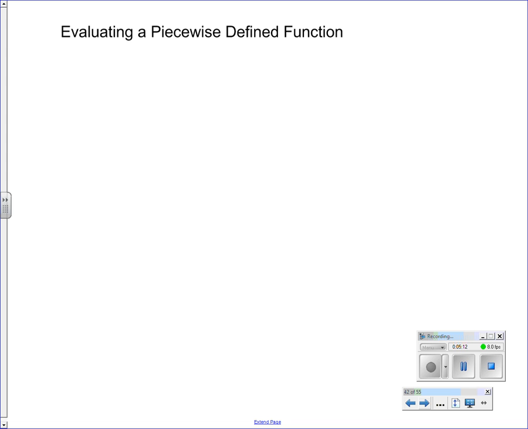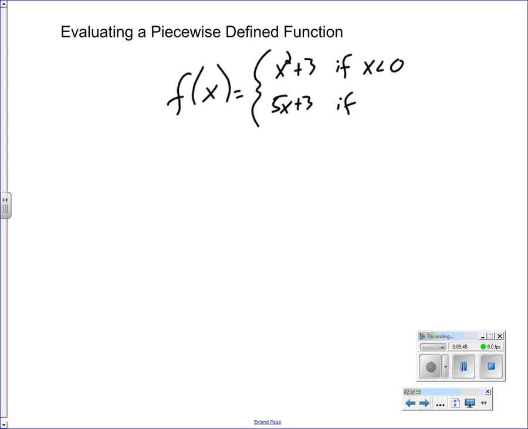So the two main things we'll do with a piecewise-defined function are look at how we evaluate them on different intervals and how we tell if they are continuous or not continuous. As one example, we have a piecewise-defined function f(x) equals x squared plus 3 for x less than 0, and 5x plus 3 if x is greater than or equal to 0.